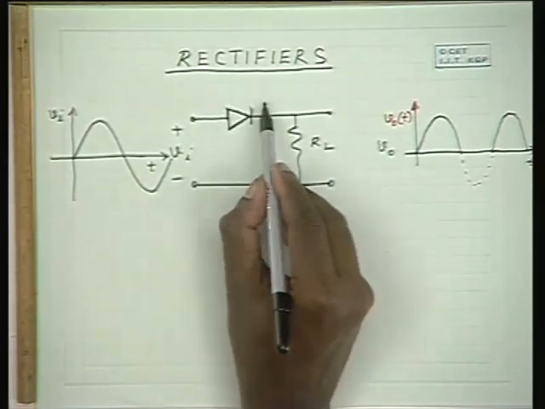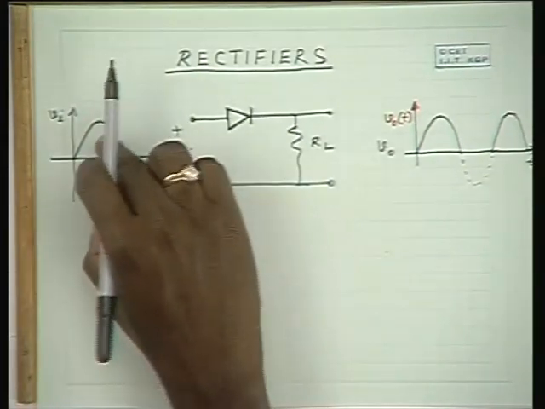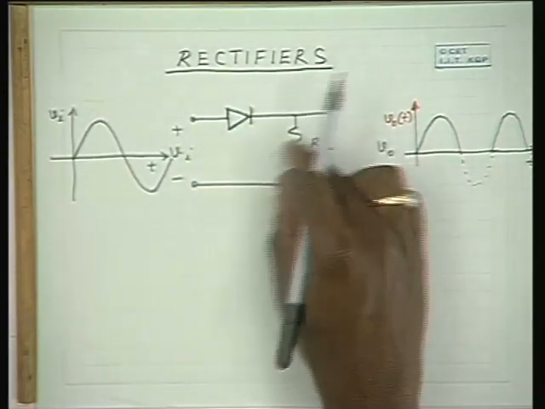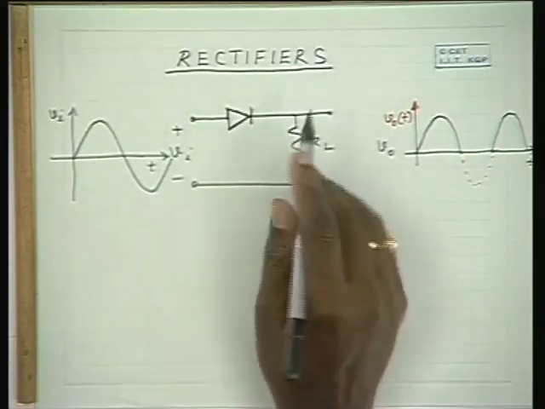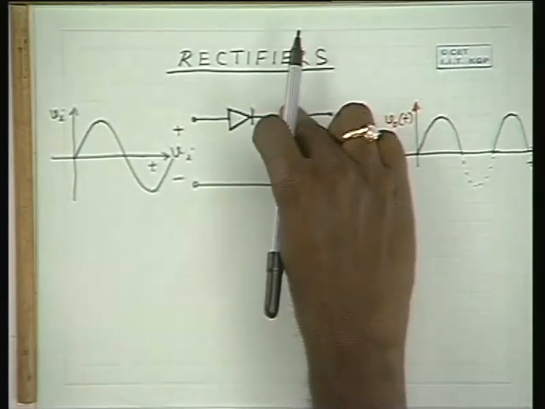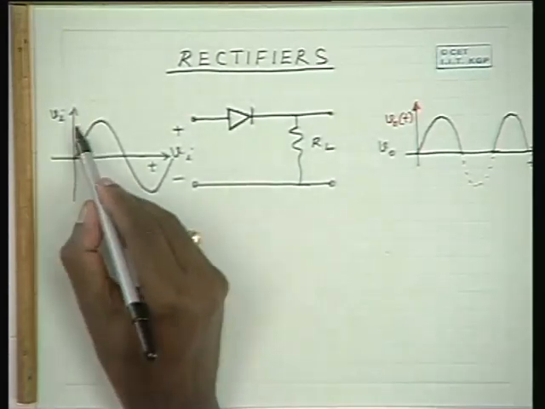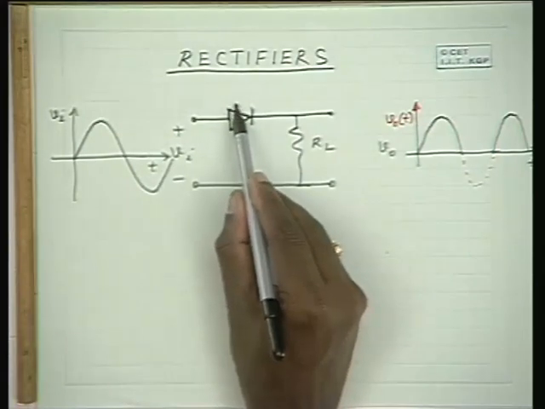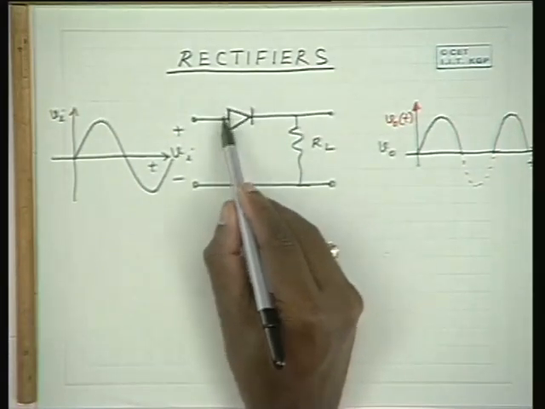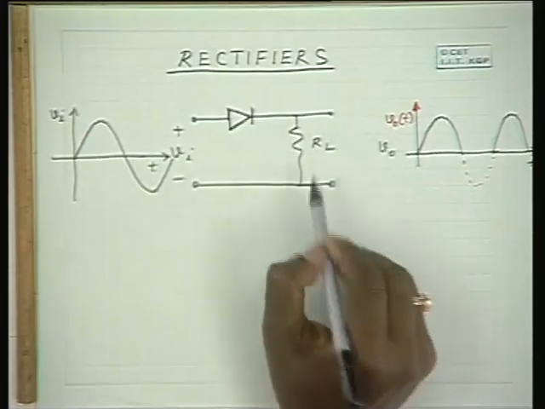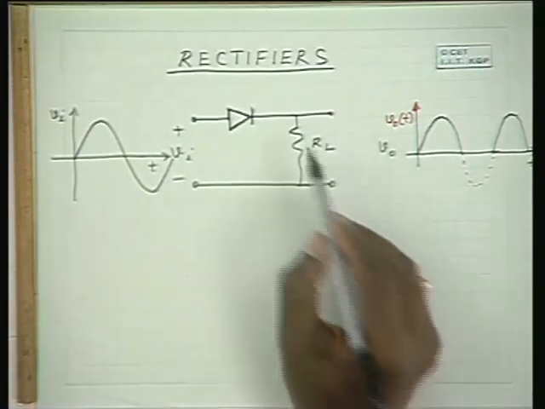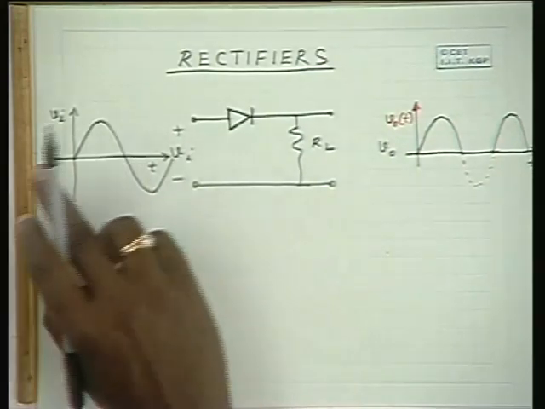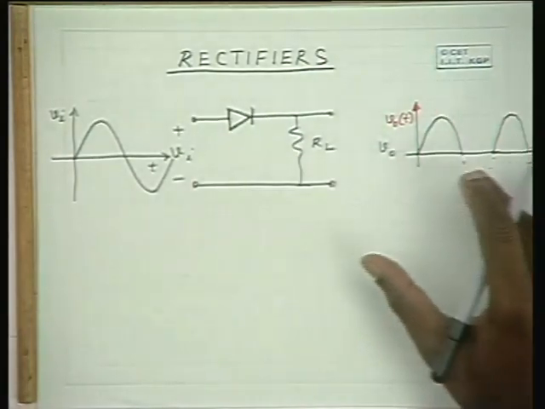With 0.8 volts drop across itself, it allows the rest of the input applied voltage to appear across RL, because by Kirchhoff's voltage law, the voltage drop across the diode plus the load voltage is equal to the applied voltage. Say you have applied 100 volts at the input, some 0.7 or 0.8 volts drops across the diode, and the remaining, say 99.2 volts, drops across the load resistance. That means the input voltage is allowed to pass to the output.